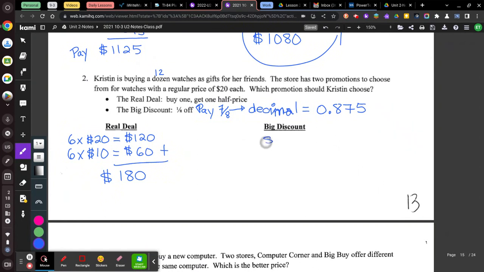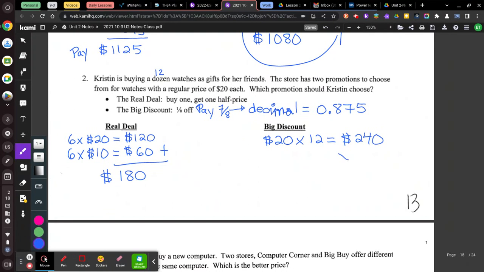So if I've got $20 per watch and I have to buy 12 watches, the regular price would cost me $240. That's what it would cost me regular price. Now I only need 7/8 of that price.